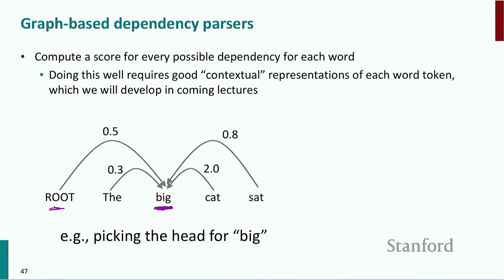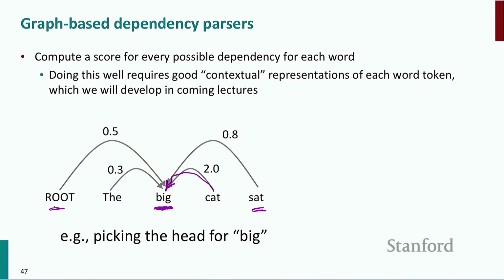So we ask, am I a dependent of the? Am I a dependent of root? Am I a dependent of cat? Am I a dependent of sat? And we want to score each of those possibilities. And so hopefully we decide that the most likely one is that big is a dependent of cat. And then we're going to do the same for every other word. So, sat could be a dependent of any of these words.